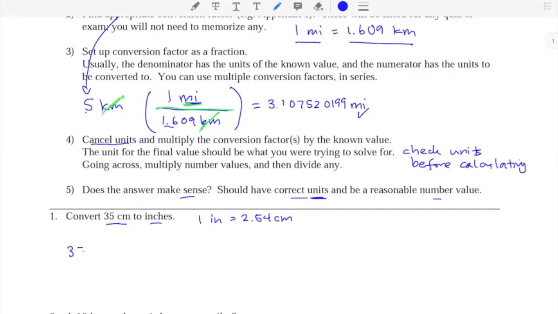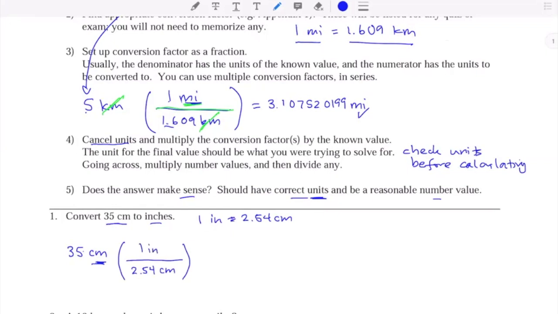You want to write the number with the units. Oftentimes I see people just write the number without the units, and you can figure out what's going to happen. You won't know what to put in this fraction if you don't have these units, cm. So what should go in this fraction? On the bottom, I'm going to put 2.54 cm, and then 1 inch on the top.